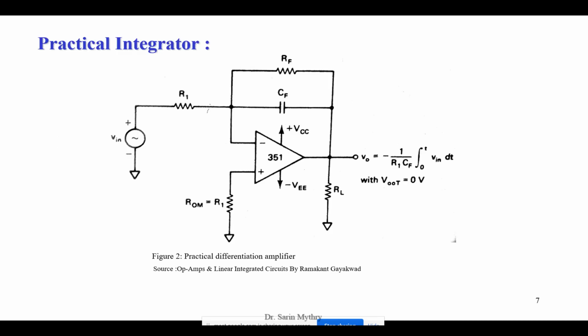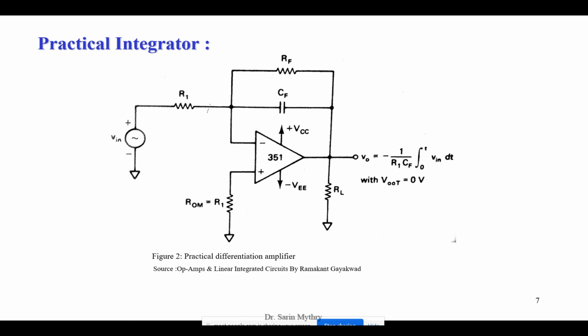So see now, in the practical integrator, we are using two resistors, two passive elements. This is one passive element R1 and the other passive element you can see here is RF. Why do we use these passive elements R1 and RF here?